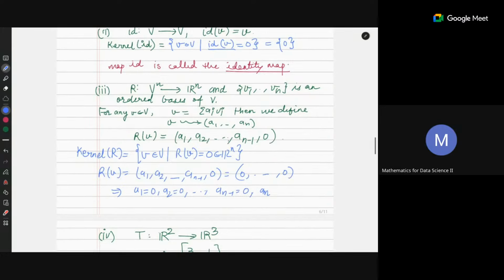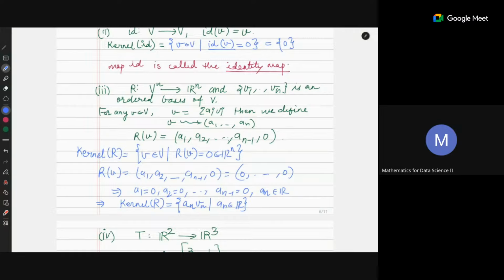An can be any real number. So the kernel of R is basically, now these Ai's are the coefficients with respect to the basis Vi. So you plug these coefficients back into Vi. Because all the coefficients are 0 other than the An coefficient, you will get An Vn, where An is a real number.